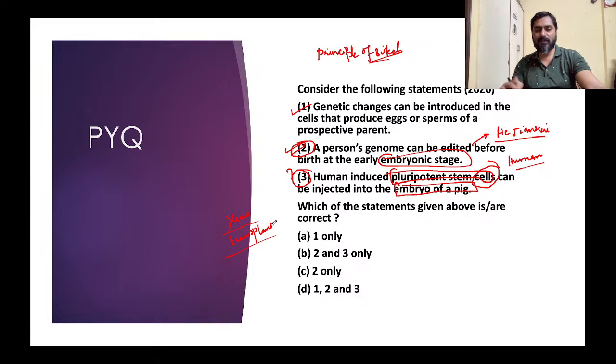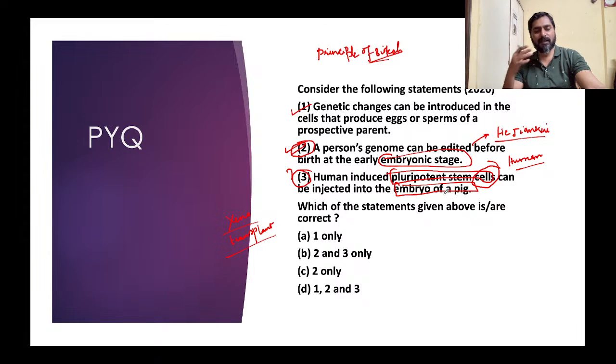But here we are looking at a more fundamental step: can human cells be injected into the embryo of a pig? So yes. Why? Because biologically and chemically we all are similar. We all use DNA as a means to transfer genes, to transfer traits from one generation to another, and as a means to produce proteins.